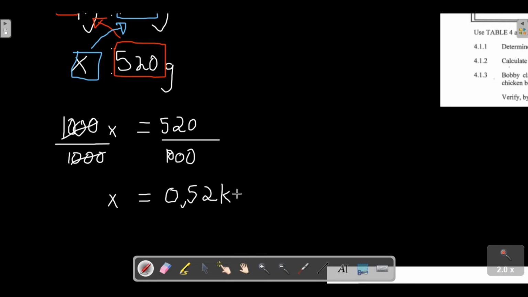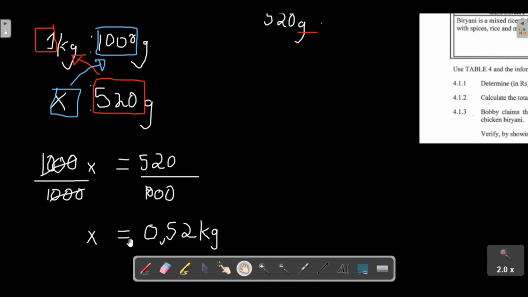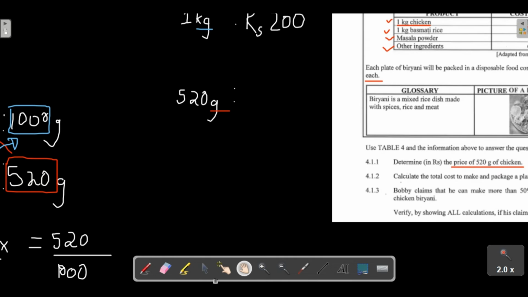Kilograms. Remember, x is on the kilogram side, so if you forget the SI unit, you can take it from there. Now that we have converted the 520 grams, I'm just going to replace it with 0.52 kilograms.